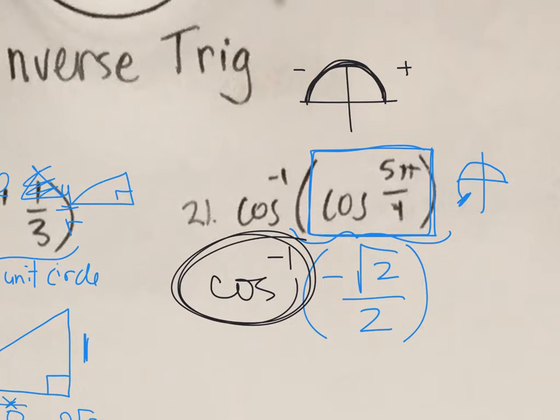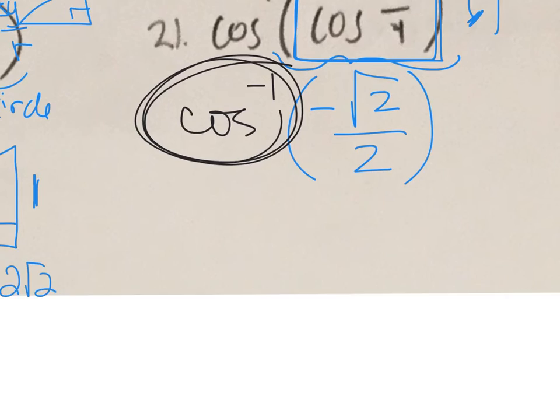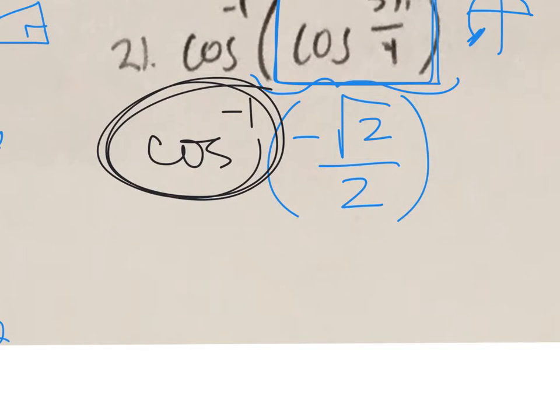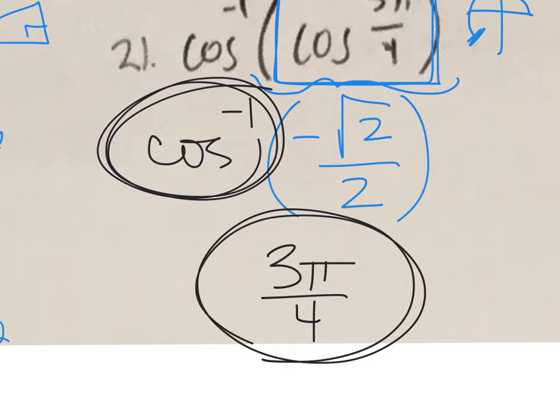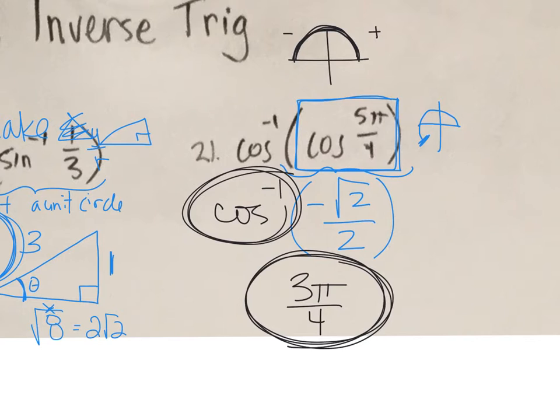So from the top half of our unit circle, at what angle does cosine have a negative root 2 over 2 value? And hopefully you know that that happens at 3 pi over 4. Okay, so all of the answers for arc cosine should come from the top half of your unit circle, because that's the range of inverse cosine.